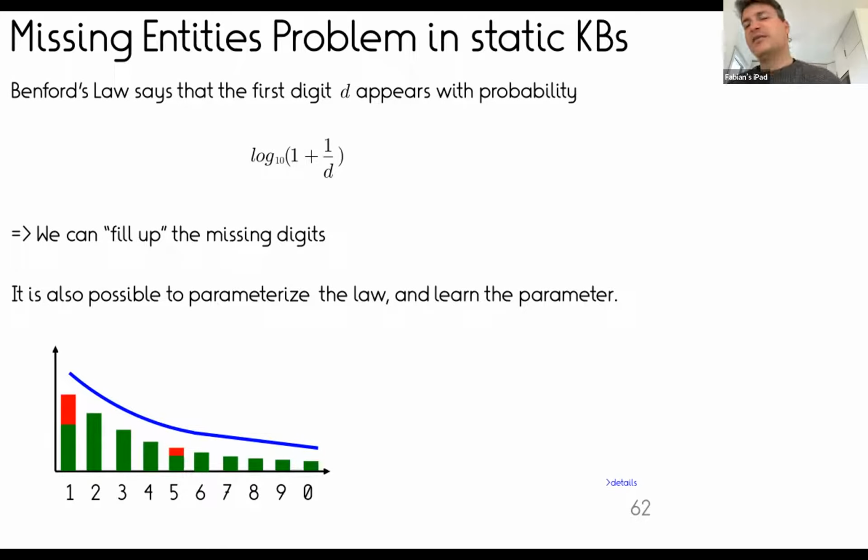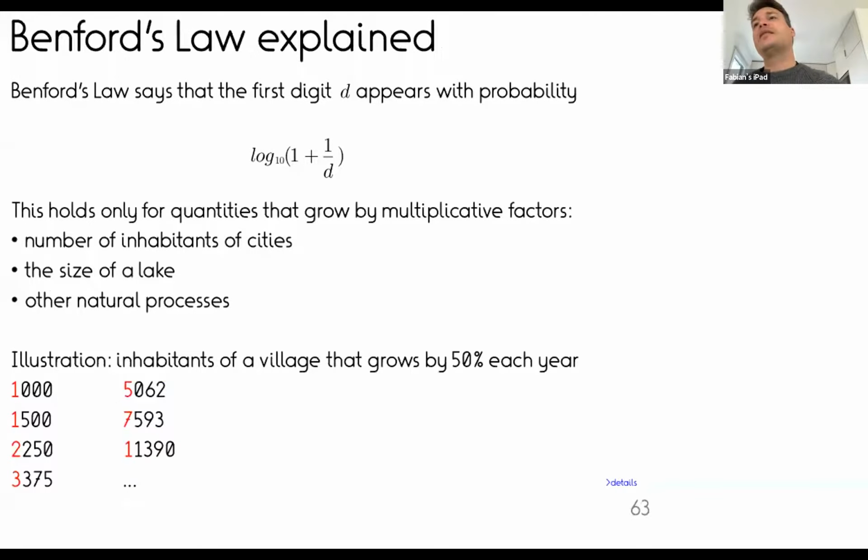Why is it not simply a uniform distribution? And the reason is that the population of cities grows exponentially. Yeah, so a city will grow or decrease by, say, 2% every year. And anything that grows exponentially follows what's called Benford's law. And Benford's law says that the distribution of the first digit is skewed and follows this logarithmic curve.